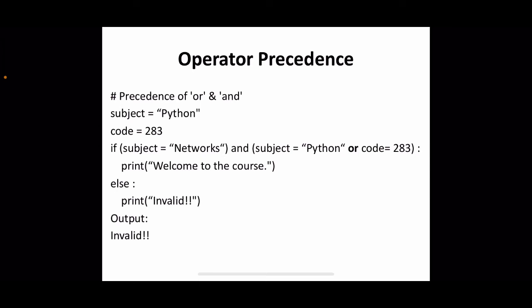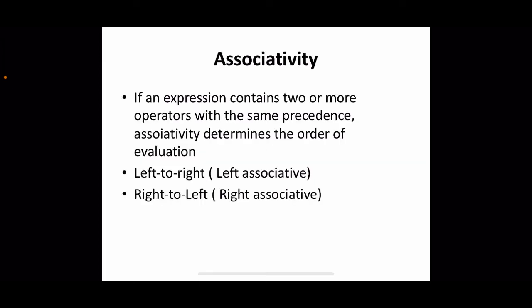Now let us see associativity. We have seen that at a certain level a set of operators has the same precedence. In that case, in which order should the different operations be done? For example, a plus b minus c: since plus and minus have the same precedence, in which order should this be applied?